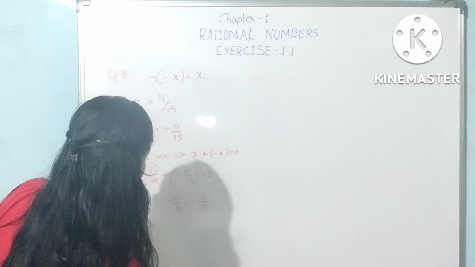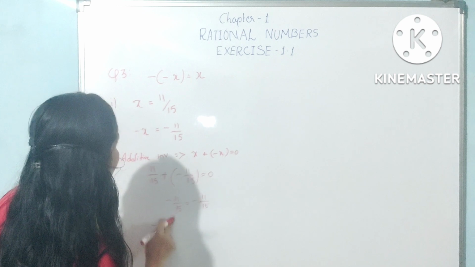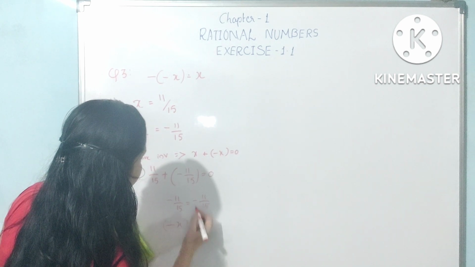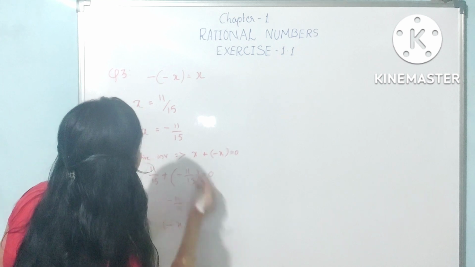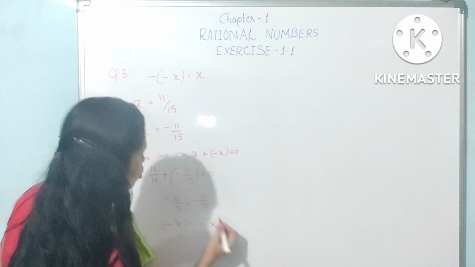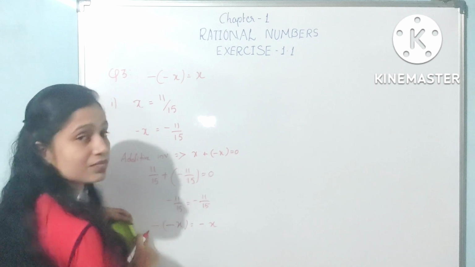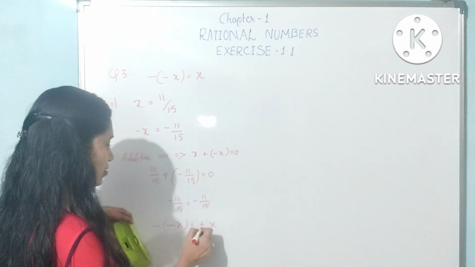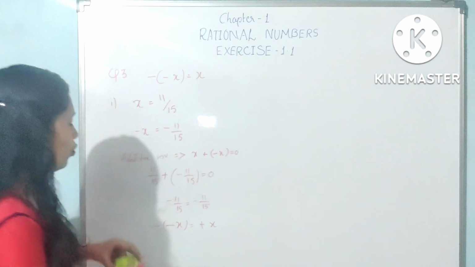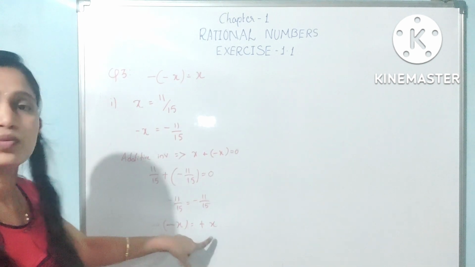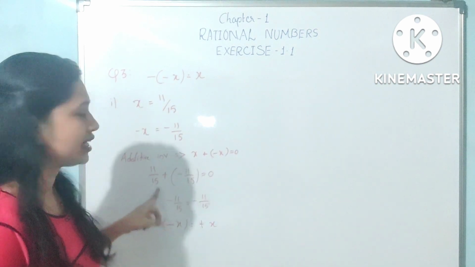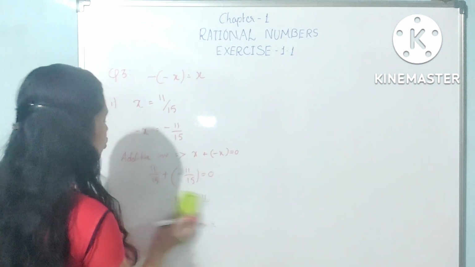So what is this? Minus 11 by 15 is minus x, right? So minus x. Okay. This is minus again x, right? So change this sign. I'm just multiplying with minus here. Here also multiply with minus. That will become plus. So the minus of minus x is equal to plus x, right? Simple, right? Hope you guys understood this. Okay, we'll move to the next question.